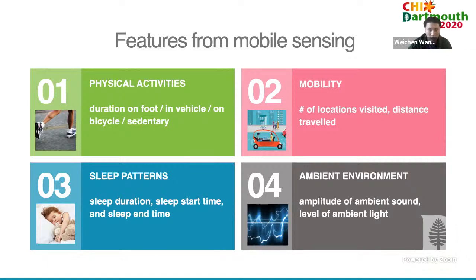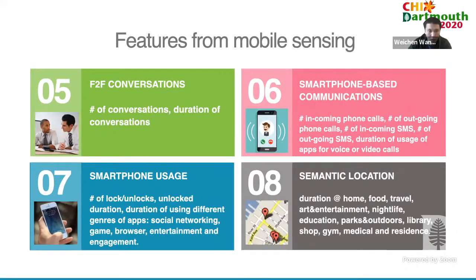Specifically, we compute features including physical activity, mobility, sleep patterns, and ambient environmental context. We can also calculate face-to-face conversations, smartphone-based communications, smartphone usage, and semantic location. The app contains a voice classifier which labels each audio frame as voice or unvoiced. From that, we build up the conversation features.